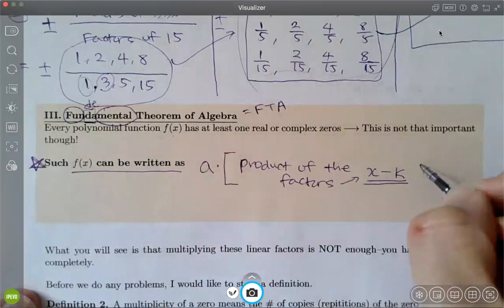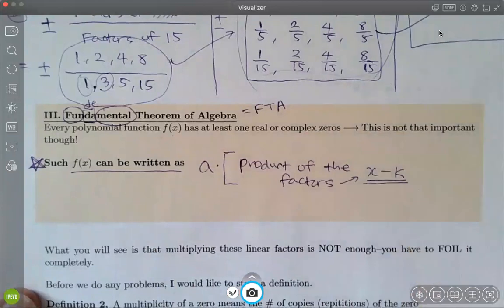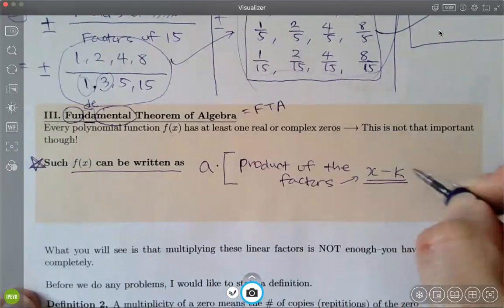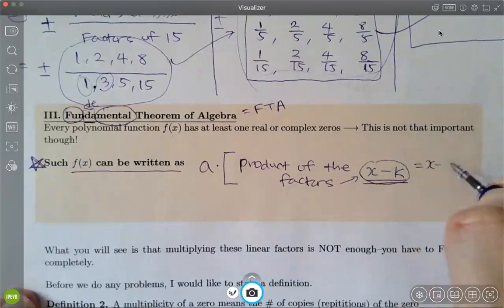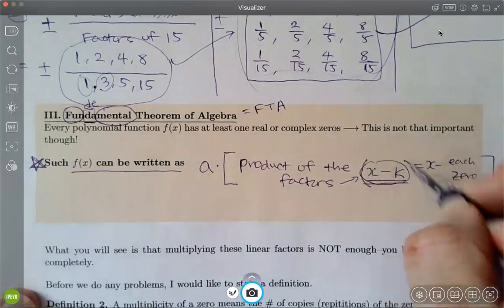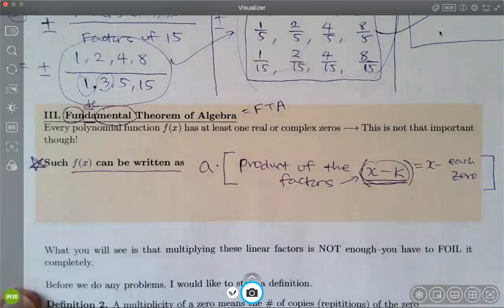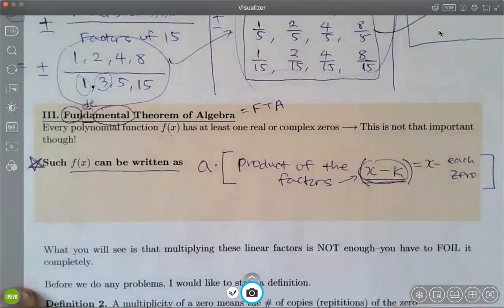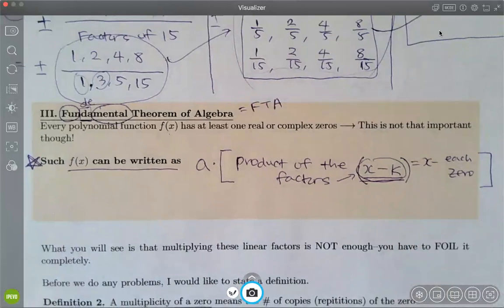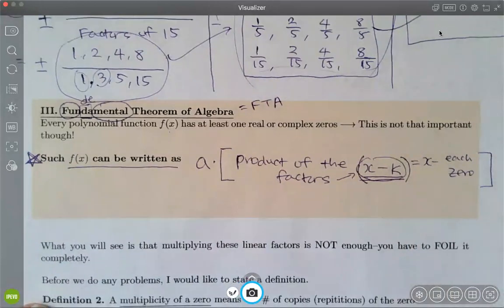In other words, this means x minus each zero. Now this is kind of sloppy notation, but I frequently use it because it makes sense to most people, instead of using all the fancy notations in math.